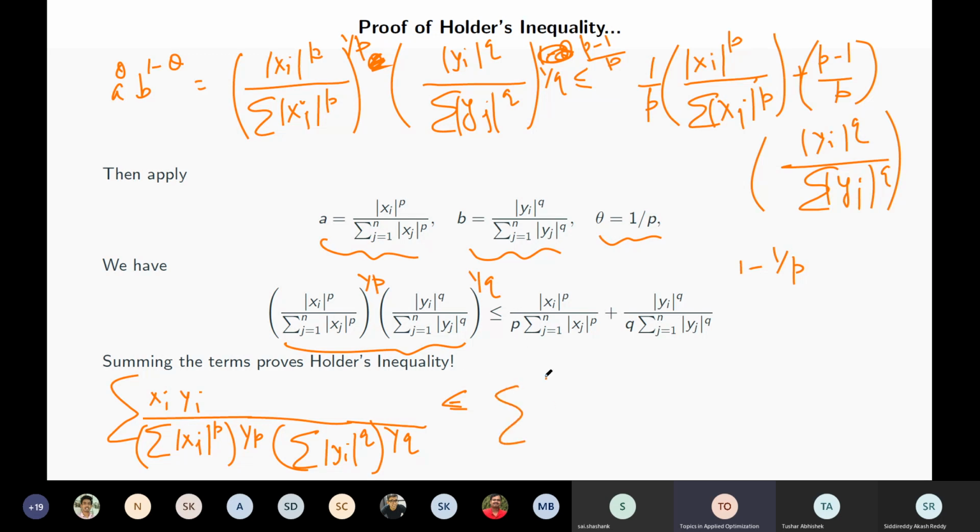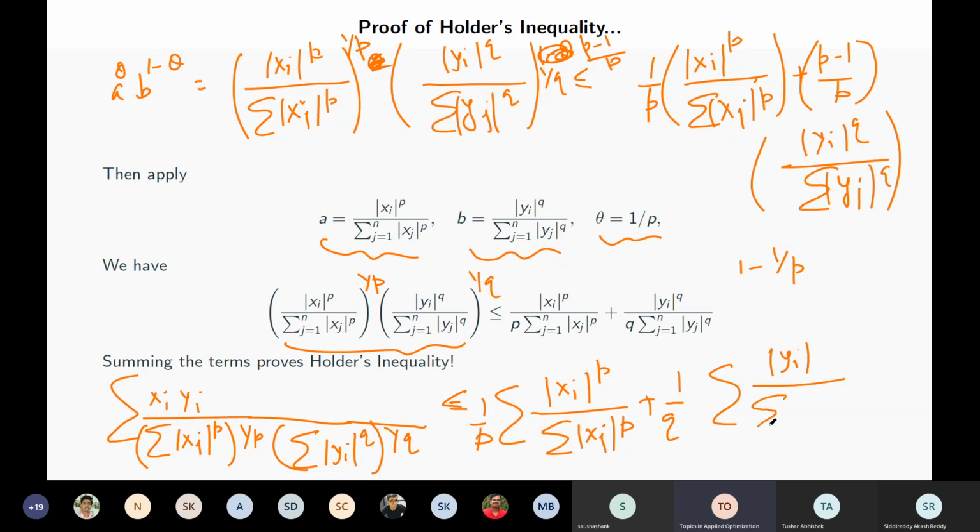So if I sum this x_i^p by x_j^p times 1 by p plus 1 by q summation y_i^q by y_j^q. If we sum this, then this summation will be 1 here. So this will boil down to 1.